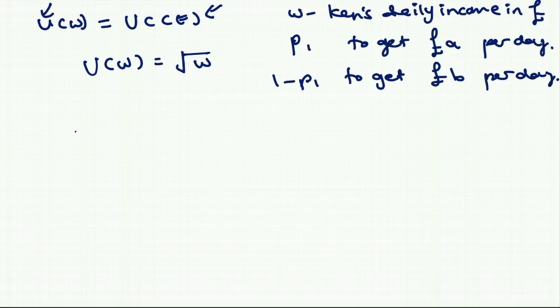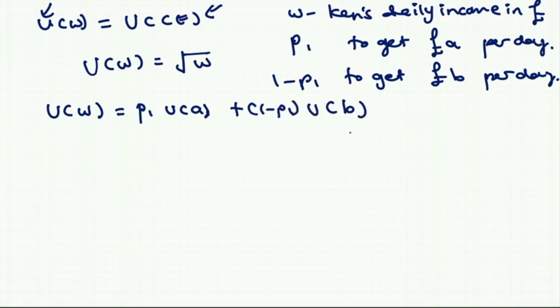Now let's use a numerical example. So the expected utility of gambling, or wealth here. Let's say this wealth is in the form of a lottery. The gamble here is in the form of a lottery. It is actually, if you can recall previous slides, P1 UA plus 1 minus P1 utility of getting B pound.